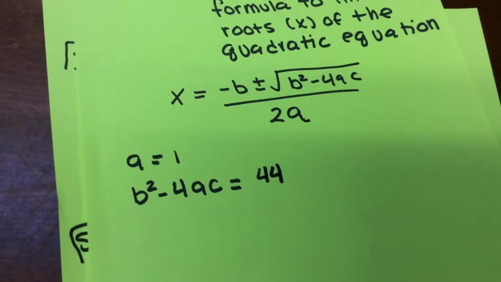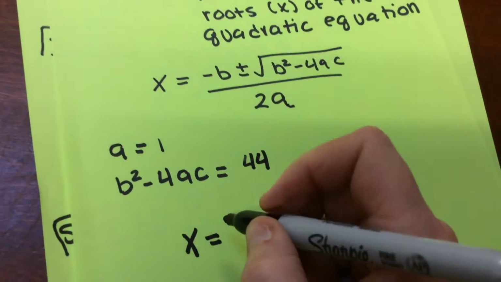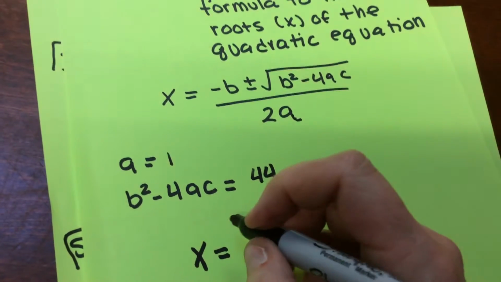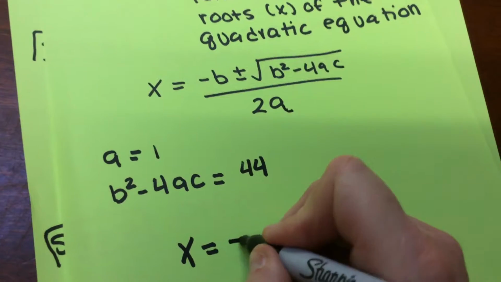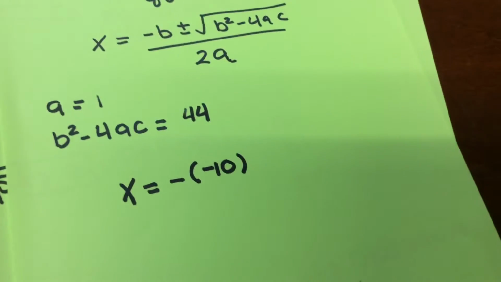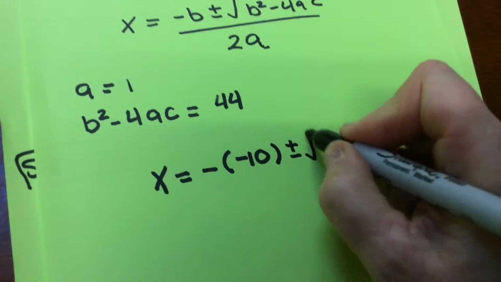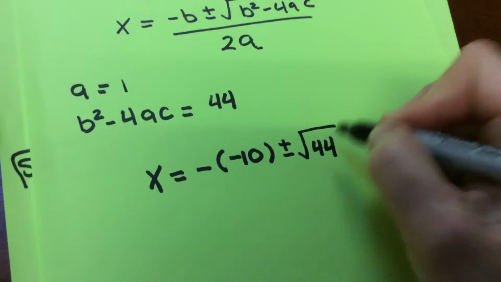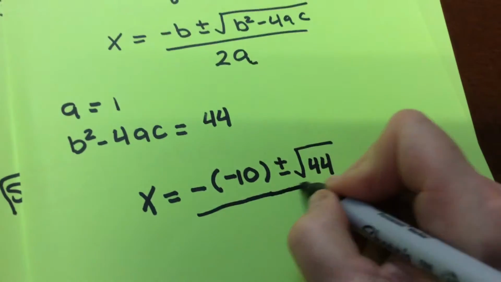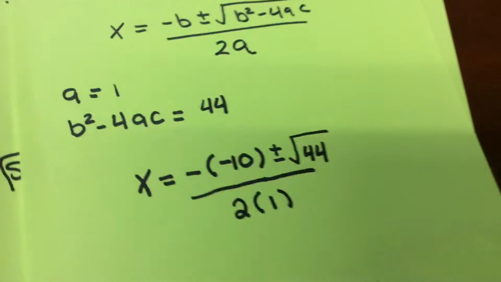So we've already got a lot of our work done for us. So now we just simply substitute. X is equal to, b was a negative 10, so it's minus a minus 10. Be careful of the sign. Plus or minus the square root of 44 all over 2 times 1.